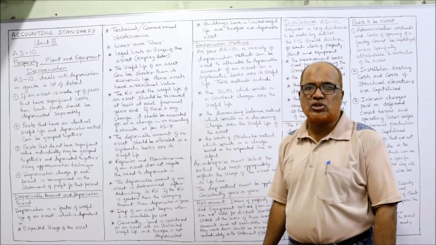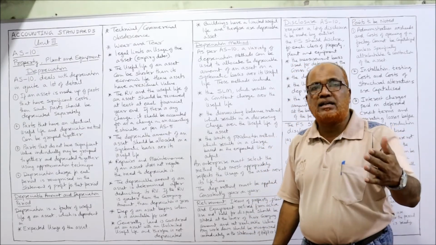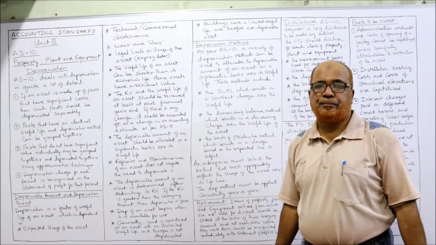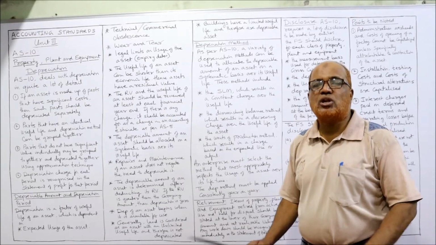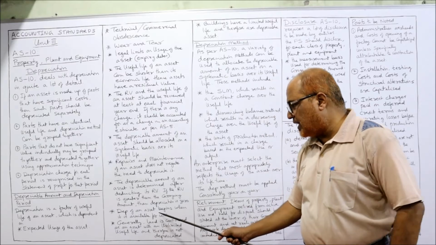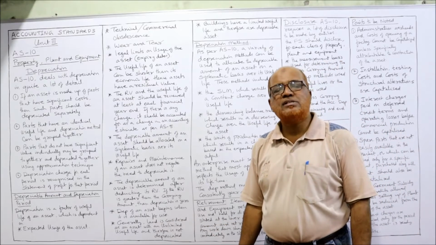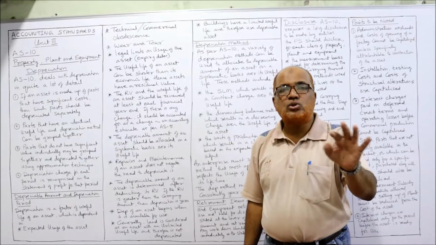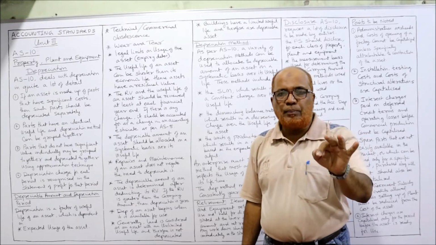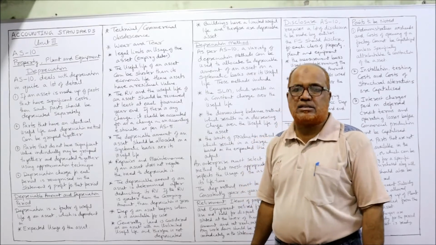Suppose the residual value is greater than the carrying amount, then definitely the depreciation amount will be nil. Next, depreciation of an asset begins when it is available for use. That means if the asset is not used, no depreciation. The depreciation will start only on its usage.